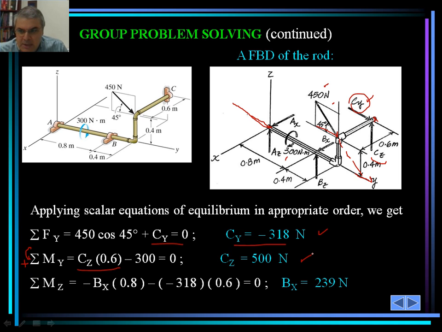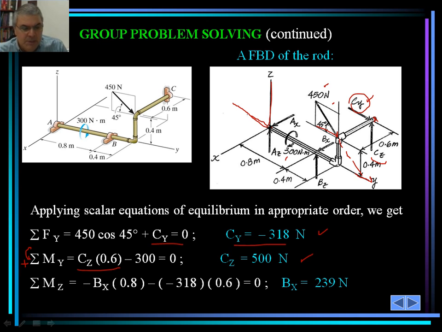What about M sub B sub x? That still needs to be calculated. B sub x is down here. We take the summation of moment about axis z at this time. This is axis z labeled here, actually upward out of the page.